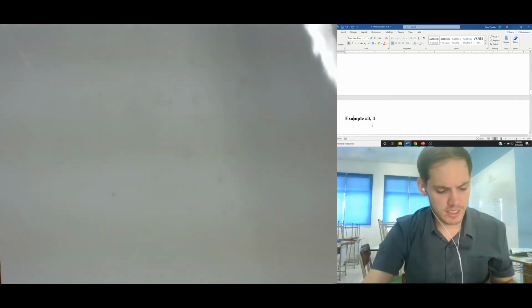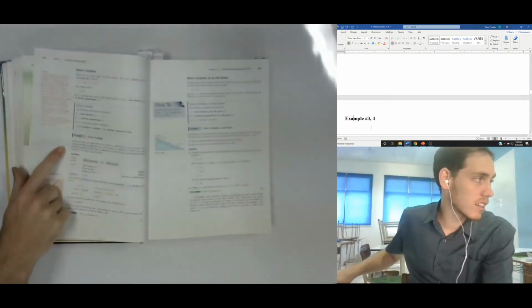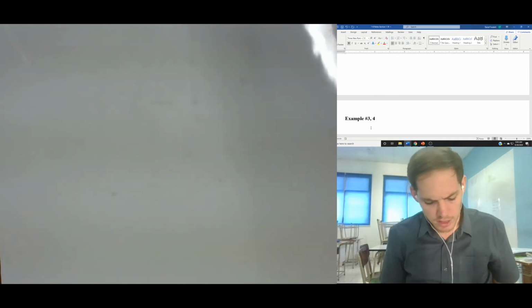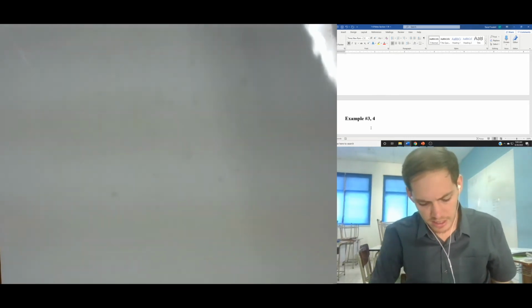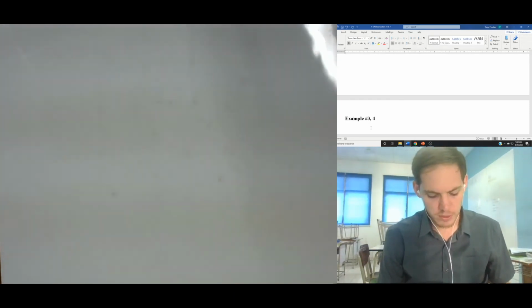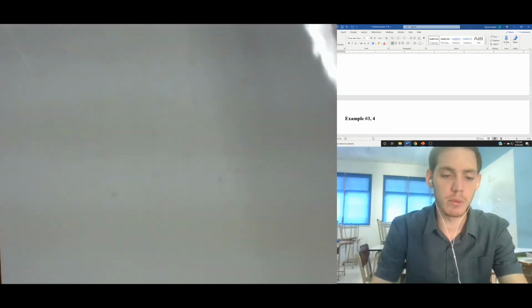Okay, example 3. I'm just going to have the book here. It talks about in Pennsylvania, the state income tax is directly proportional to gross income. You are working in Pennsylvania and the state deducts $46.05 for a gross income of $1,500. Find a mathematical model that gives Pennsylvania state income tax. So what we do is we model it.